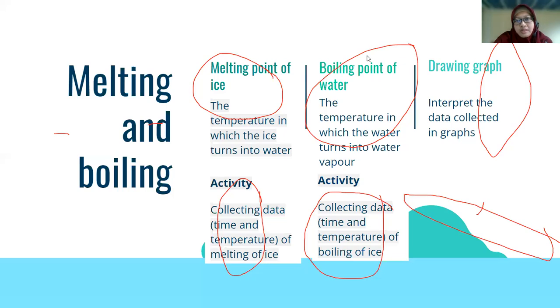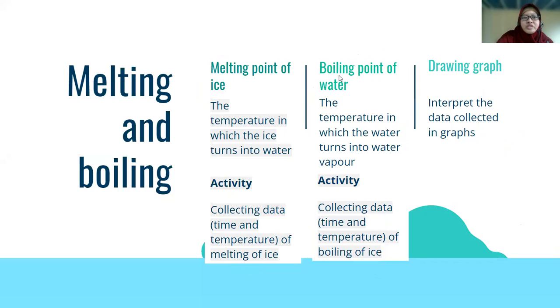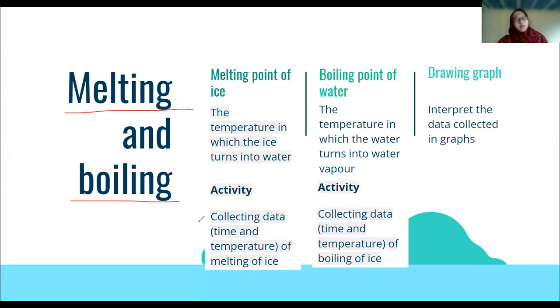Okay, so the next one, because one of the properties of water is that it can change its states, and these are the processes of changing the state of water, which are melting and boiling. Actually, the processes are not only two, there are many of them, but since these are the first two processes, melting point of ice. What is the melting point of ice?